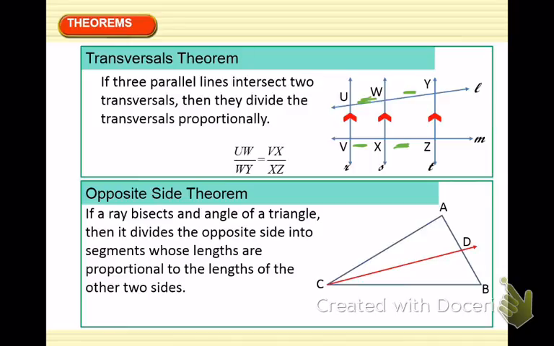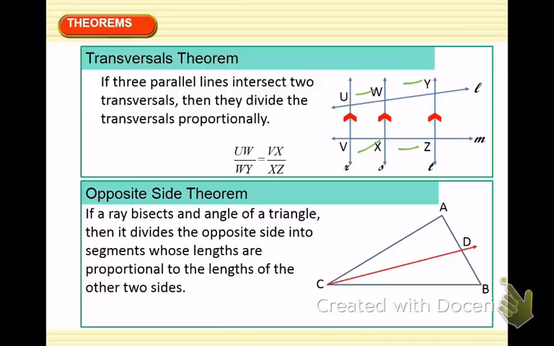So if we were to compare the length of UW to WY, it would be equal to the ratio of VX to XZ. So if you go down the transversal, those ratios should be equal to each other. Now, again, proportions. We can set these up a lot of different ways and get what we need out of it, okay? So if you see the ratios a little differently, it's not necessarily a wrong thing.